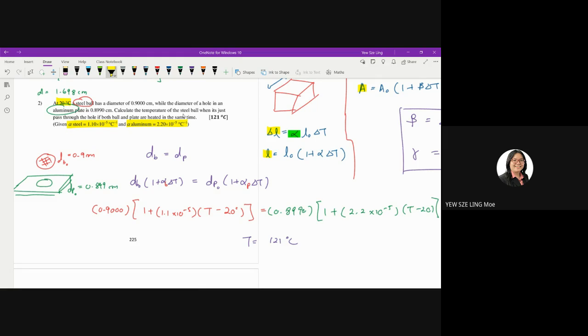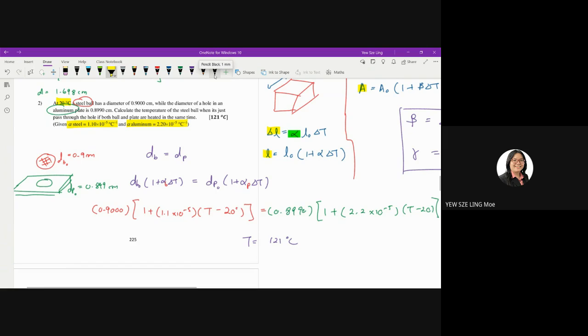Why? Because the alpha for aluminum is larger than alpha for steel. So it means aluminum will expand faster than the steel ball. Therefore, when you heat it up to a certain temperature, the hole will become large enough for the ball to pass through. Right. So that is how you justify it.